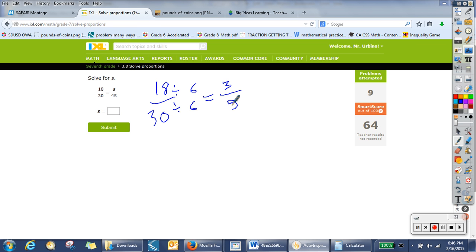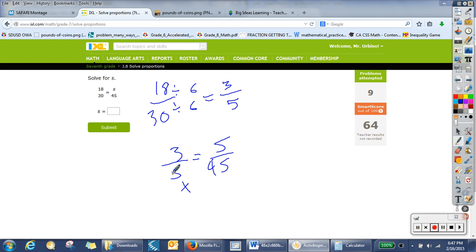Alright, using that information, set up our problem of 3/5 is equal to s 45ths, or s over 45. So here, I can think of a number times 5, which will give me 45.